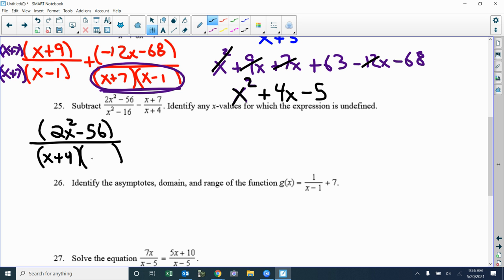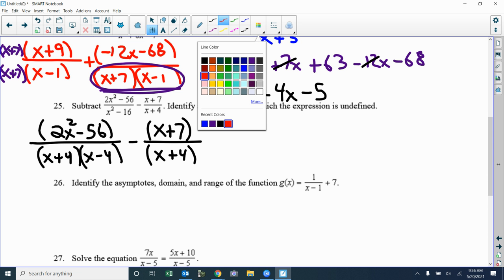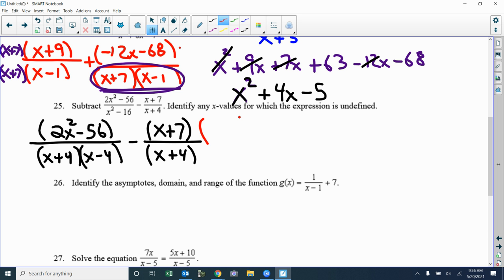X plus 4, x minus 4, minus x plus 7 over x plus 4. All right, what are we missing? Well, we're missing x minus 4, aren't we?